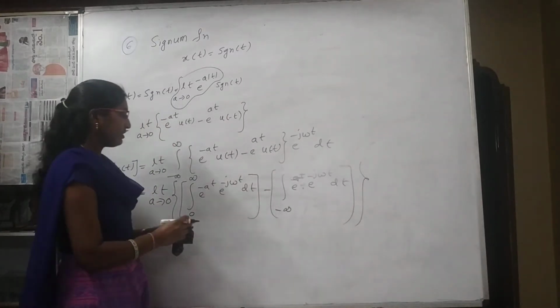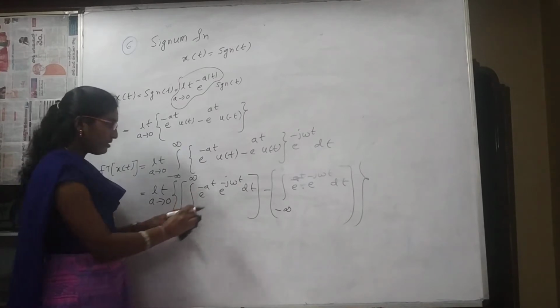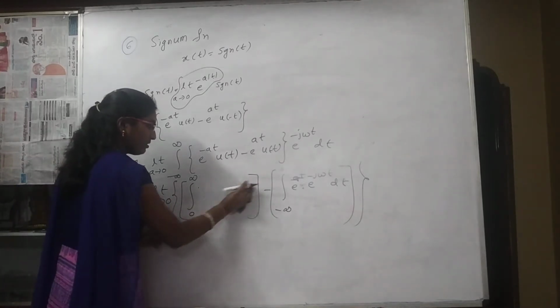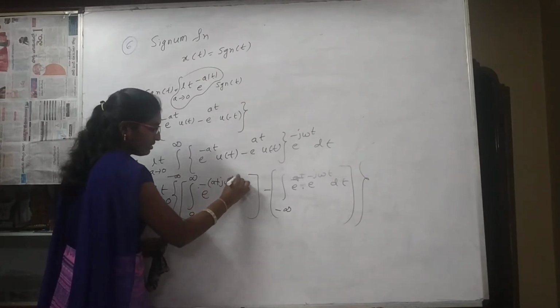And now the integration part, minus t will be common, that will be e power minus of a plus j omega t.